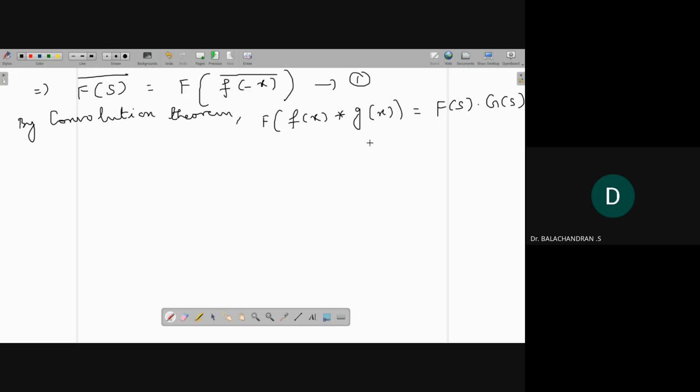Now from this, f of x star g of x, in the note we discussed after the convolution theorem, is the inverse Fourier transform of f of s into g of s.